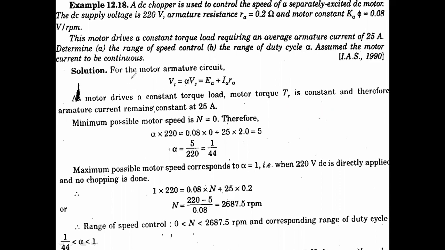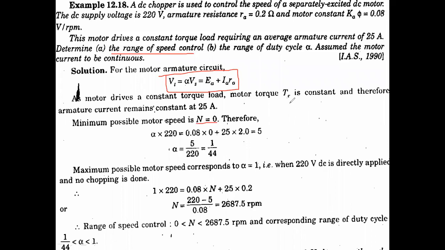Let's see, this is a separately excited DC motor. So we know for a separately excited DC motor, the armature voltage equals back EMF plus IaRa. We know this equation, and we need to calculate the speed range, and we know the minimum possible speed will be 0 only.